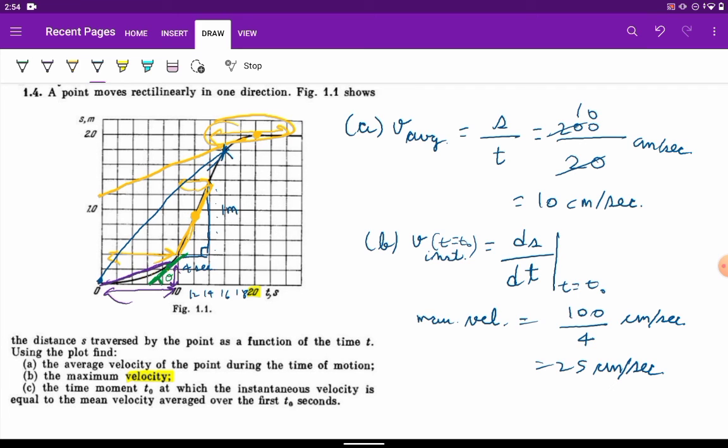But by a little intuition and by elimination, given the limited information that we have, we can say that for t naught equal to 16 seconds, the slope of the line joining the point and the origin coincides with the tangent to the curve at that point. Which means that the average velocity matches with the instantaneous velocity. So this is the C part. Thank you.